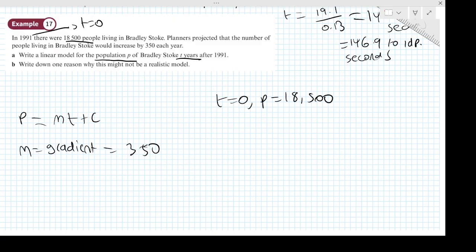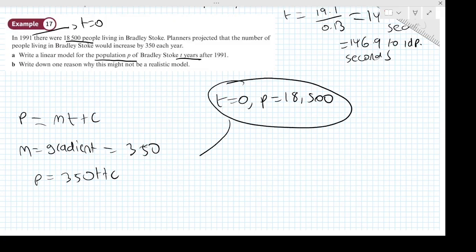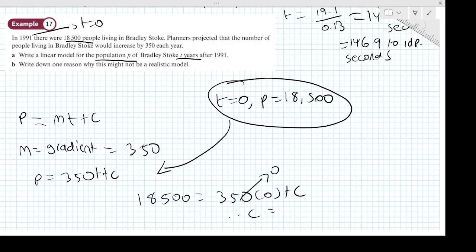Well, there we are then. We can substitute that in. So if we complete this equation, P is m, which is 350T, plus c. We can substitute this in, so we get P, which is 18,500, is equal to 350T, where T was 0, plus c. Well, therefore that goes to 0, doesn't it? So therefore c is simply 18,500.